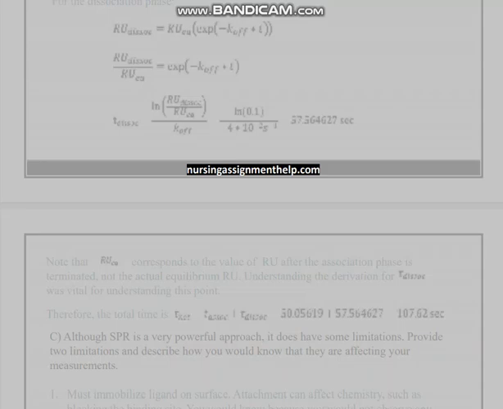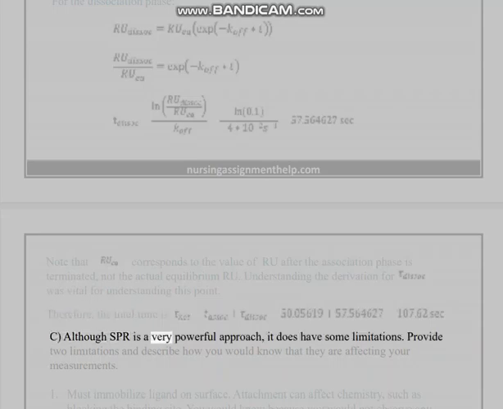Note that this corresponds to the value of RU after the association phase is terminated, not the actual equilibrium RU. Understanding the derivation for this was vital for understanding this point. Therefore, the total time is the sum of the two.